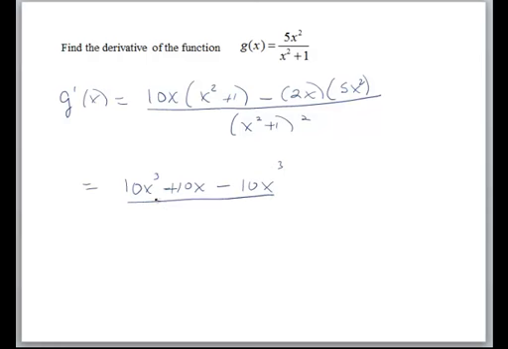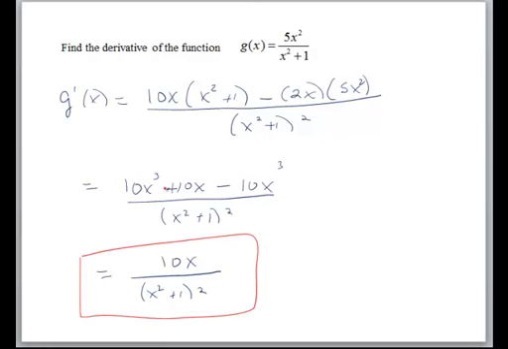And this will be all over (x squared plus 1) squared. Okay, now combining my like terms here, my 10x cubed cancel, and I'm left with 10x all over (x squared plus 1) squared. There's my derivative. One thing I'd like to note is that the terms do not always cancel each other out. That's just something that happened in these two examples.